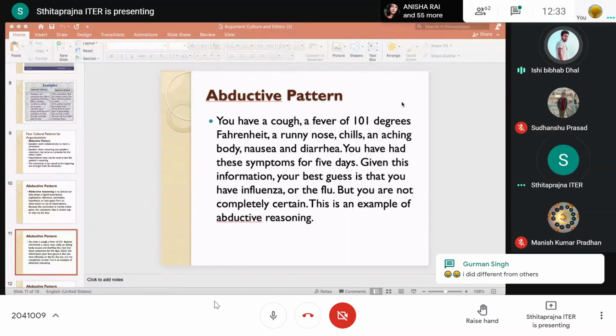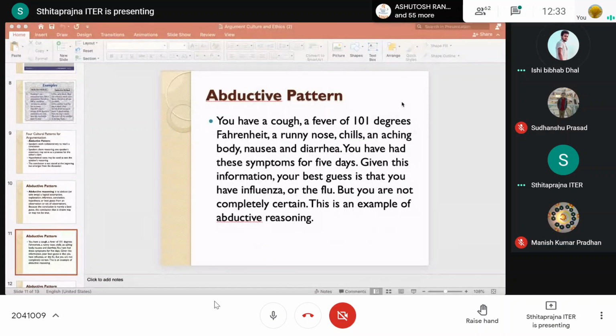Yes, Deep's speech was better than Rahul Gandhi's speech. Whose speech is better? You can't compare them with Rahul Gandhi.